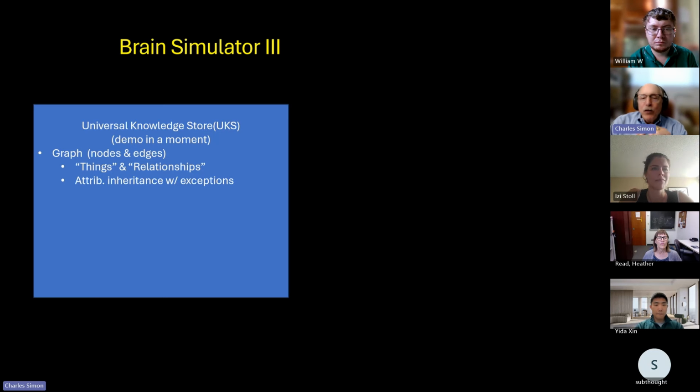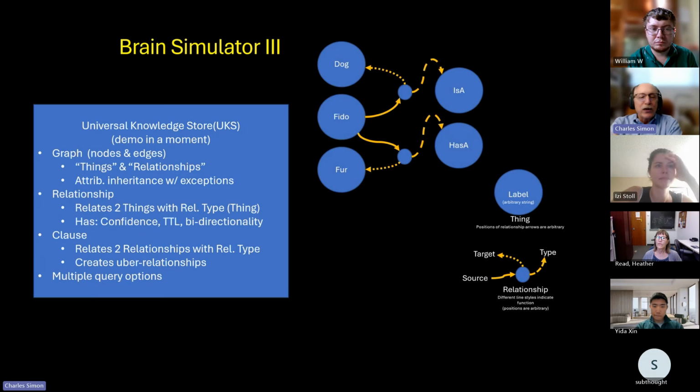There are a number of features that are inherent in the UKS, of which one of the foremost is that it handles attribute inheritance with exceptions, and I'll demo that in a moment. Other things that are necessary include understanding that a Relationship relates Things, and it has a relationship type. It also has a lot of other stuff like a confidence, a time to live, and bidirectionality.